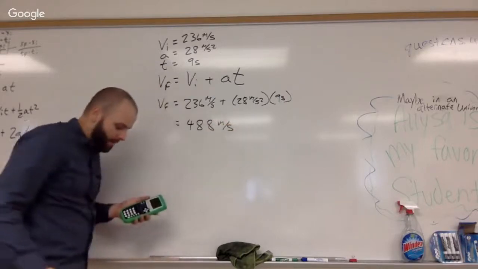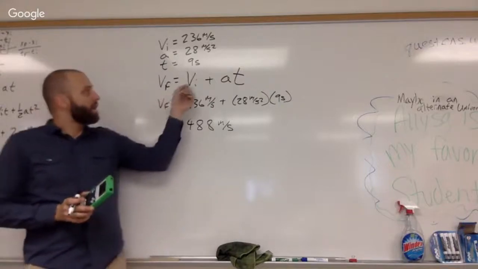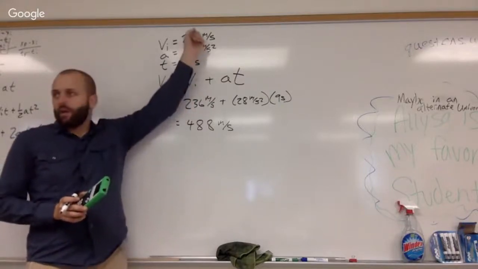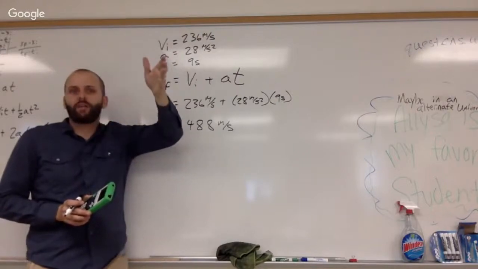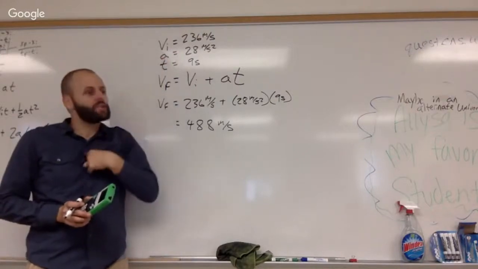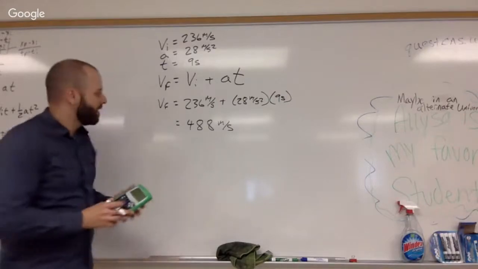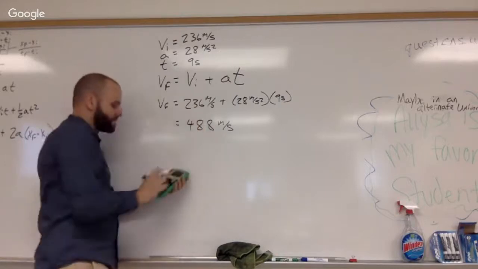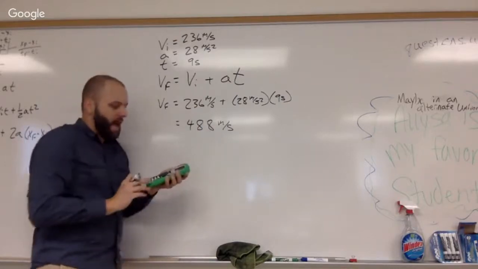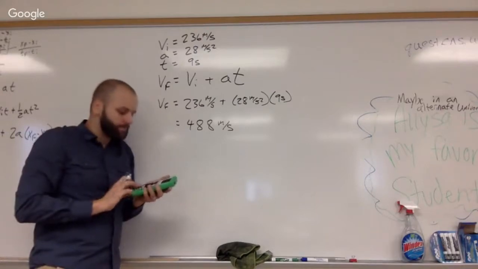So basically what I'm saying there, just so you understand and realize, is that we start out at 236, accelerating for 9 seconds, and every second I'm going to increase my speed by 28. So if you wanted to take that back and look at it, okay? 236, all right, add 28.